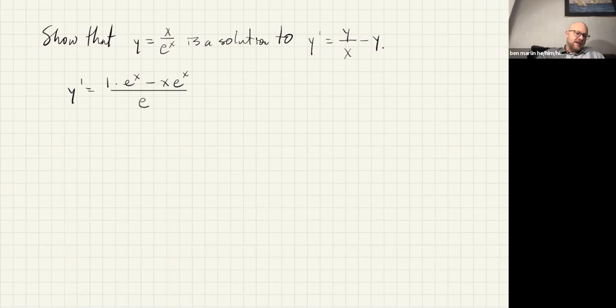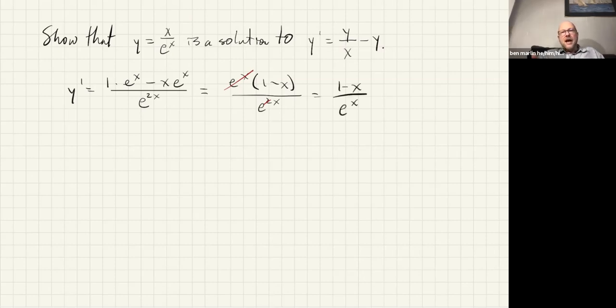Then this e to the x squared will be e to the 2x. And then you can see that an e to the x will factor out there. And you have e to the x times 1 minus x, over e to the 2x. Then cancel out one of those, and you end up with 1 minus x divided by e to the x.